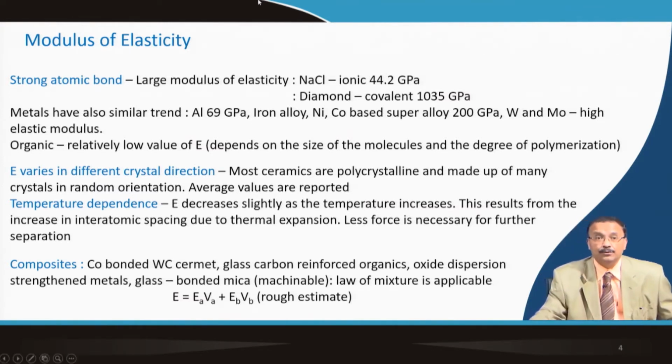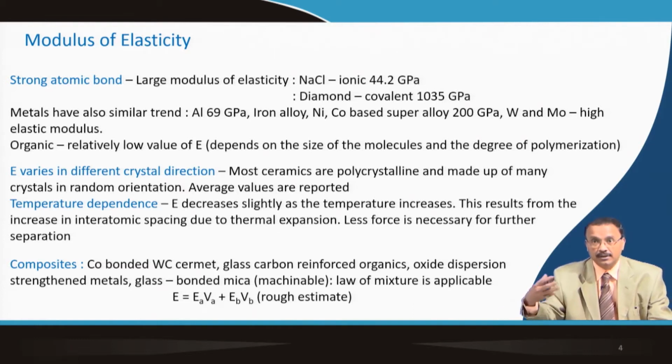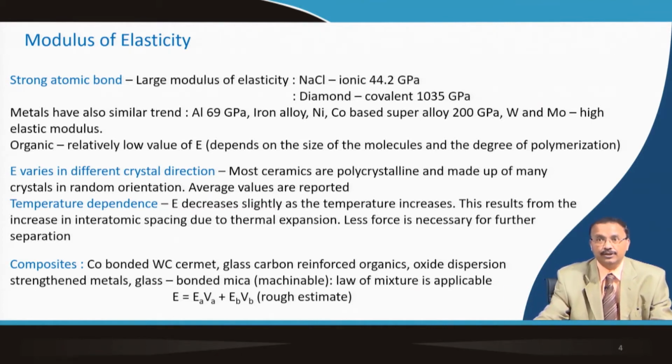Now, this elastic modulus varies with different crystal directions. Most ceramics are polycrystalline in nature, so they are made of different grains of different orientation. Each orientation will vary, and ultimately it will average out.